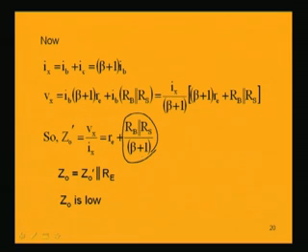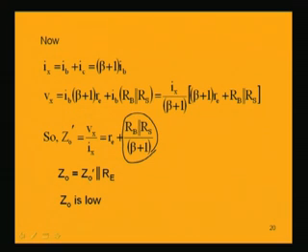Beta plus 1 is generally a high value, so the denominator is high, and the numerator is of course in the kilo order, but the overall term will not be very high, and it is plus small re. So Z naught dash is smaller in comparison to Re. So it will approach the smaller term, meaning Z naught will be a small value. So Z naught is low for the common collector amplifier.